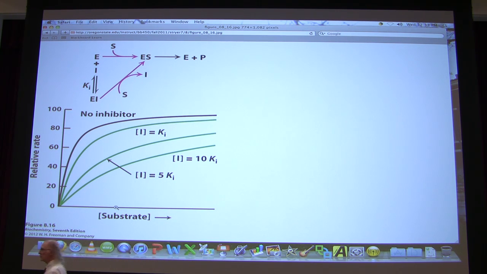So I'm going to talk you through what happens with competitive inhibition. You've seen that enzymes that are not allosteric enzymes behave with a hyperbolic plot when I do V versus S. Velocity versus substrate concentration. Relative rate being velocity.